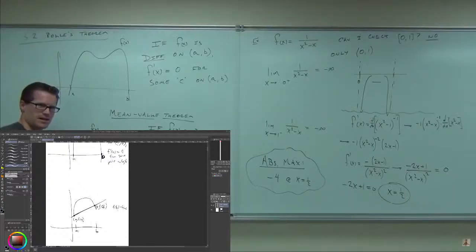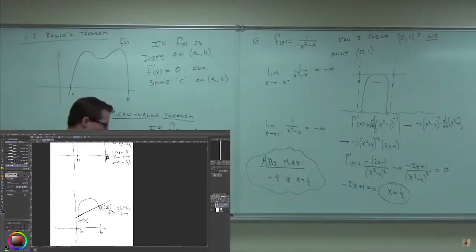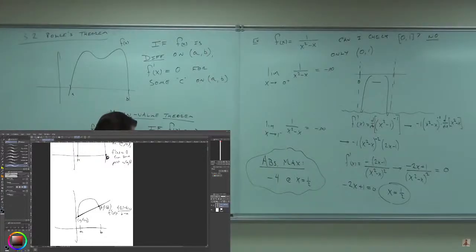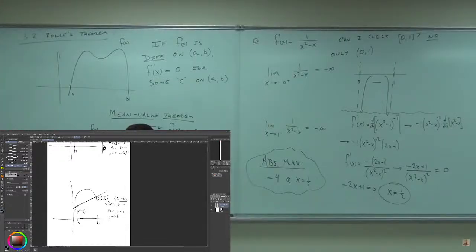Are you okay with that? That that is actually the slope? y2 minus y1 over x2 minus x1? Then if f of x is differentiable on AB, the first derivative will equal that slope at some point. That's Rolle's theorem and mean value theorem.